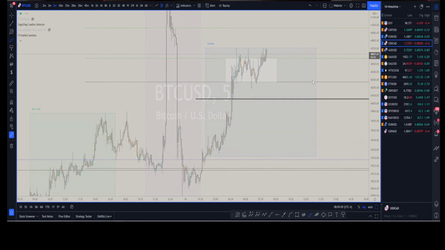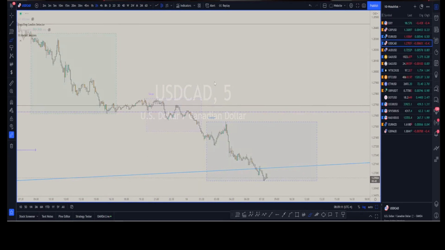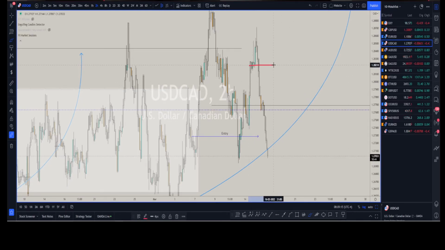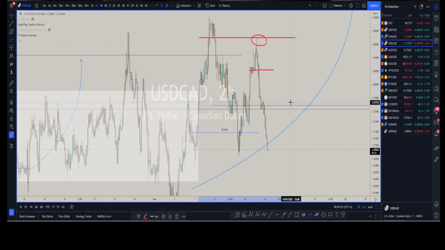I gave an example today why I closed these longs after break of this. I took partial here, yes. I did not close my trade up there. I closed my trade right here, right there, and let it go.